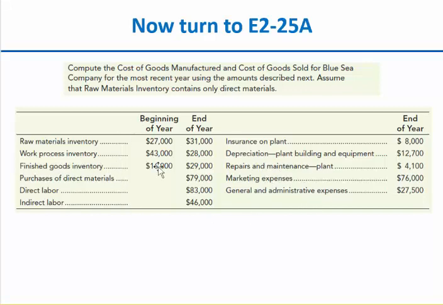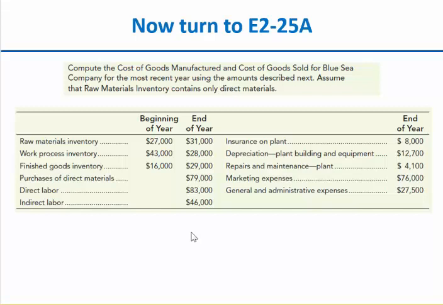I'm going to tell you what these accounts are for, because some of the accounts are related to manufacturing overhead, and some are related to operating and administrative expenses, which have nothing to do with manufacturing. We're going to talk about all these accounts in the next few slides.